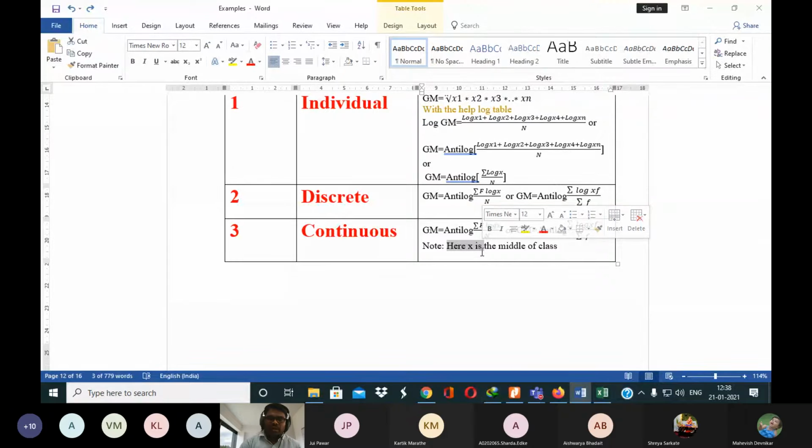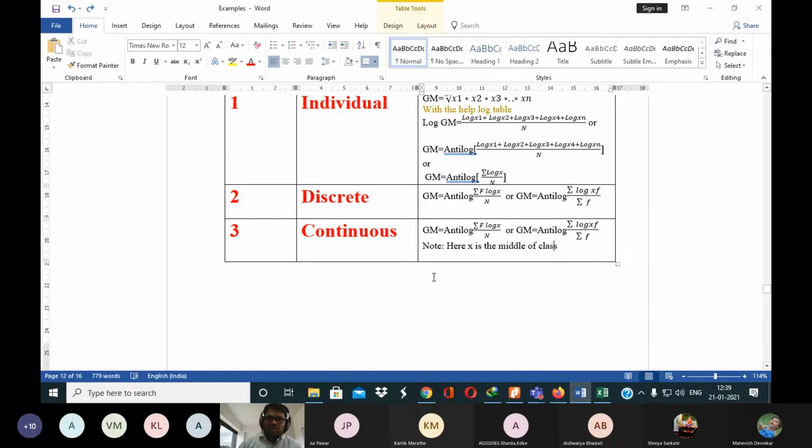We don't know the exact value of x to put within the formula. Therefore, we will consider the middle value of that particular class as the x value, and the rest of the formula will be as it is.